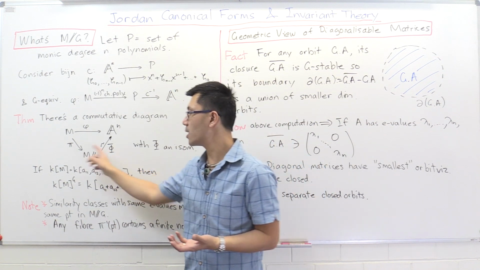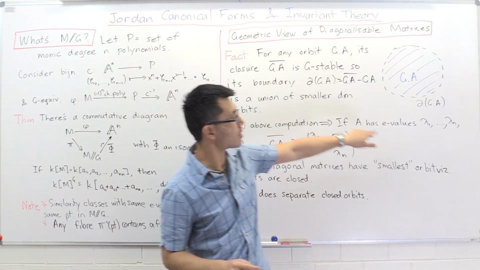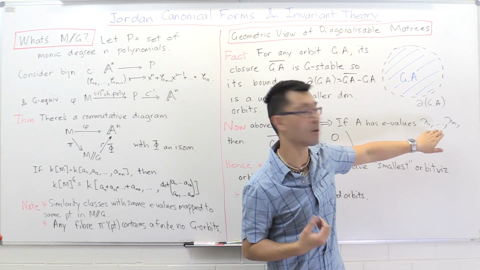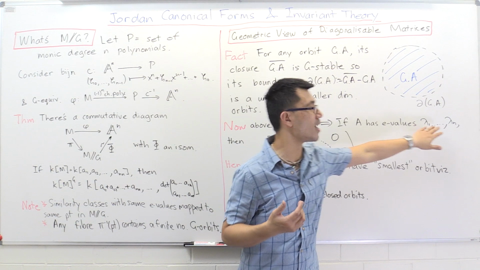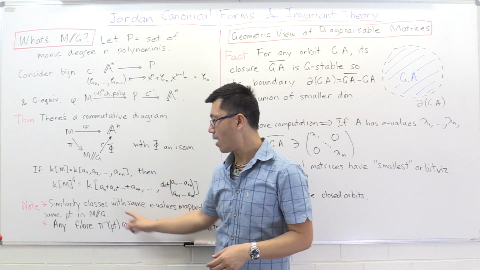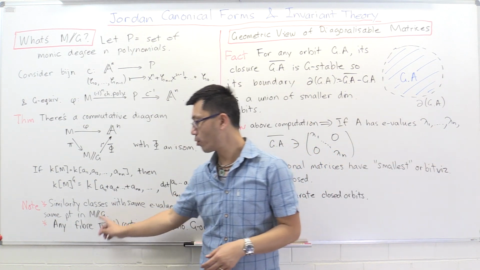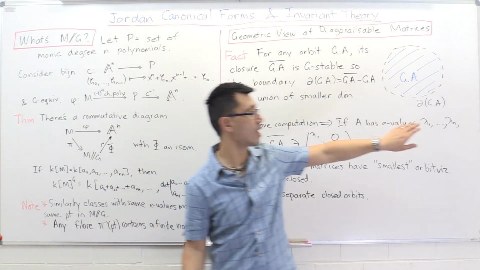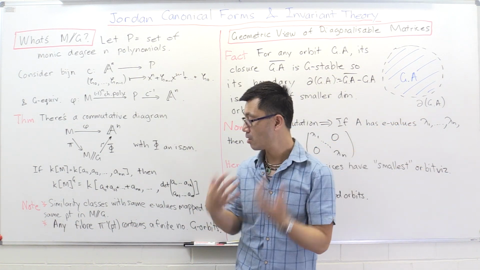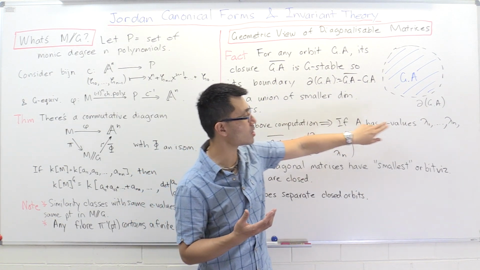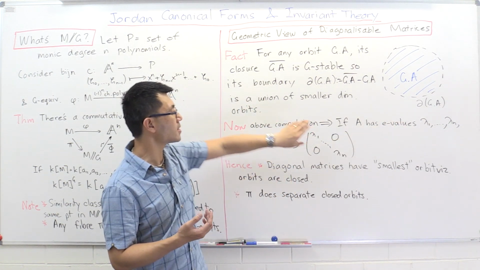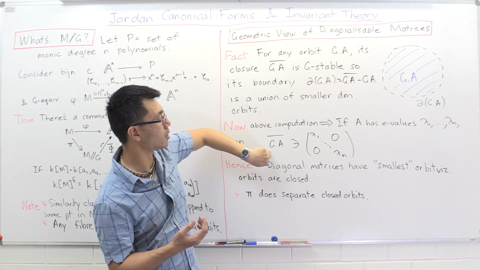A point in here corresponds to just a set of eigenvalues, including multiplicity, lambda 1 up to lambda n. So let's fix that, and then we get some fiber corresponding to that. They're all the matrices which have these as their eigenvalues. So you pick such an A, and we're going to look at the G orbit of that.